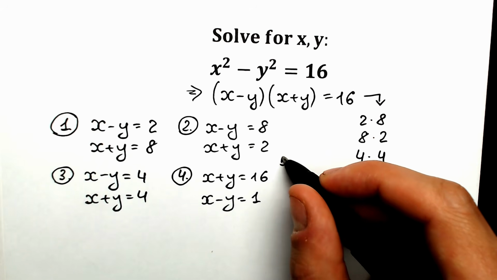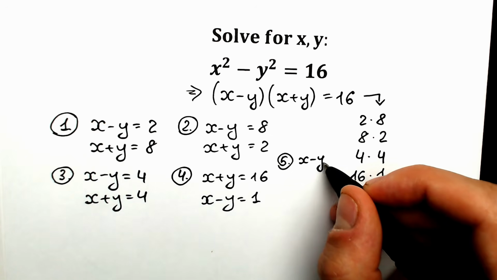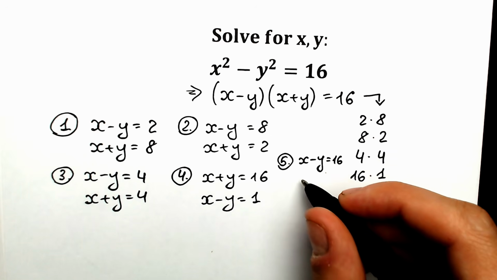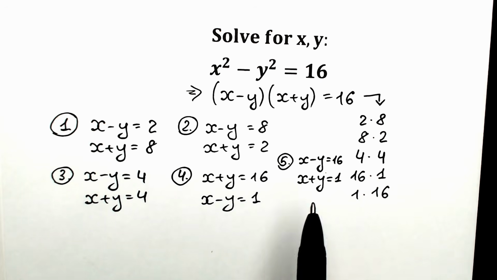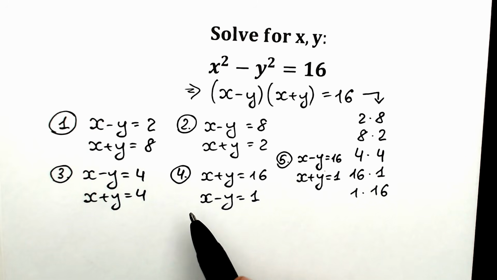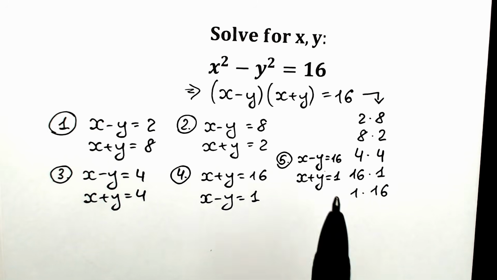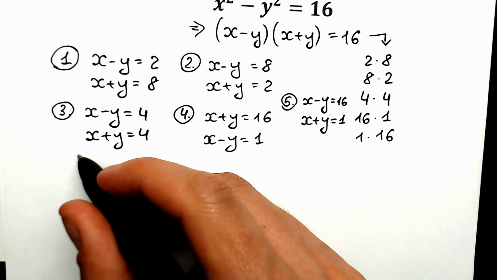So our fifth system of equations: x minus y equals 16 and x plus y equals 1. These are all the possible cases for positive values. Let's solve them real quickly, because these are very easy systems of equations. Let's start with the first one.